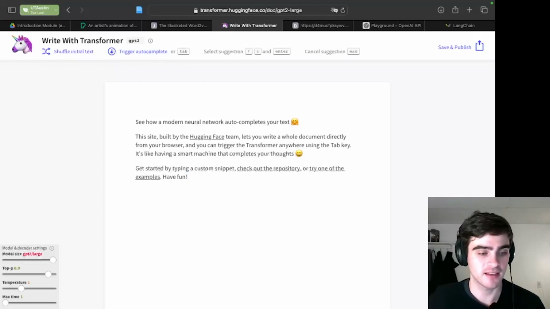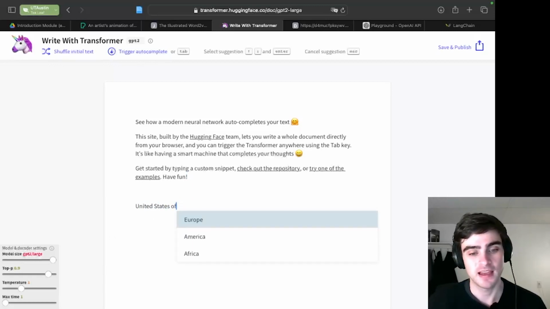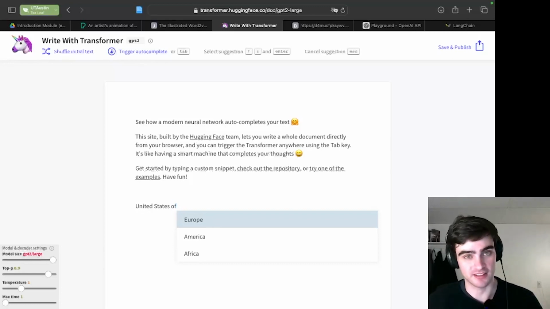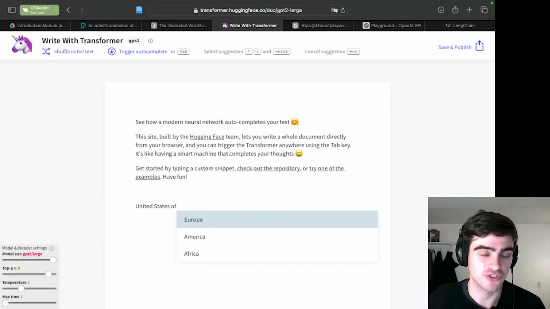If I type something into GPT-2, like United States of, and I hit tab here, it's going to give GPT-2 the 3 words I just wrote, and it'll give me GPT-2's prediction. So it's trying to predict. It's a language model, a model of language, an artificial intelligence trying to simulate how I would think if I was being asked to predict United States of.